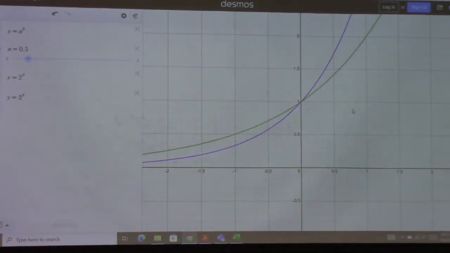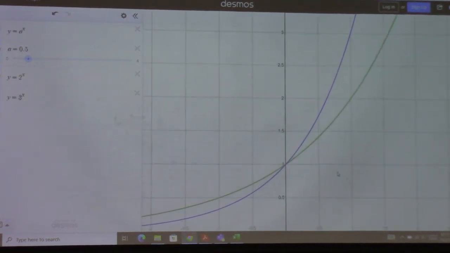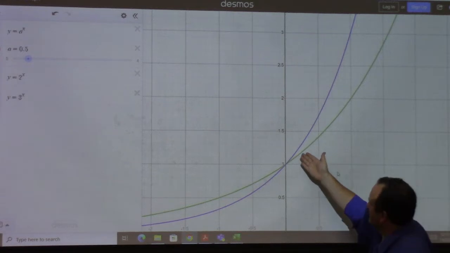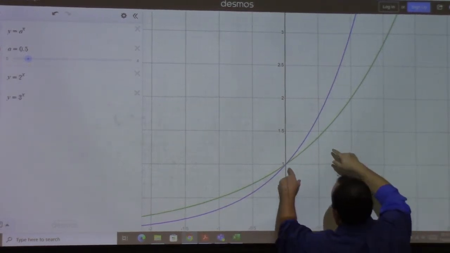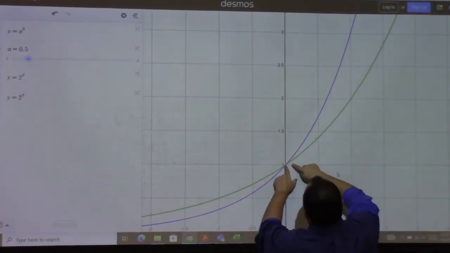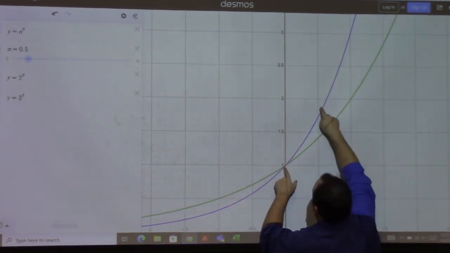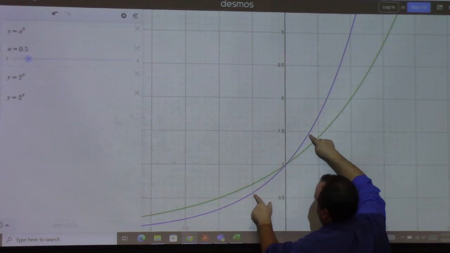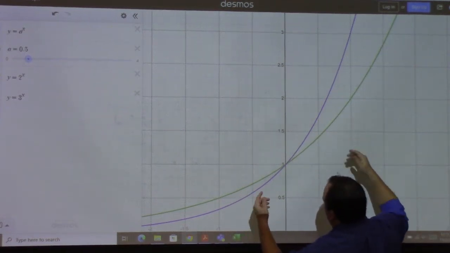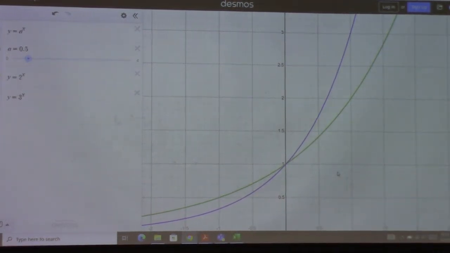You can get a sense of this slope by saying it's roughly the same slope as a line that goes from here to here, right? So that's over 1 and up to. So the slope of the blue line is around 2. It's a little bit less than 2 at the origin.